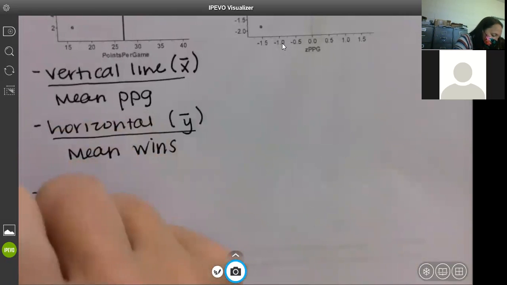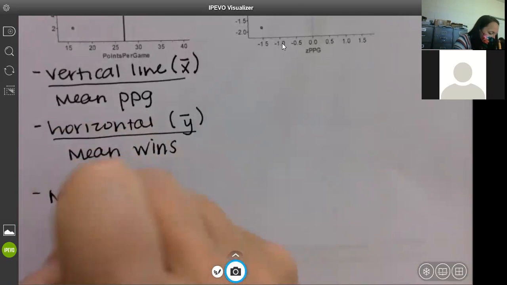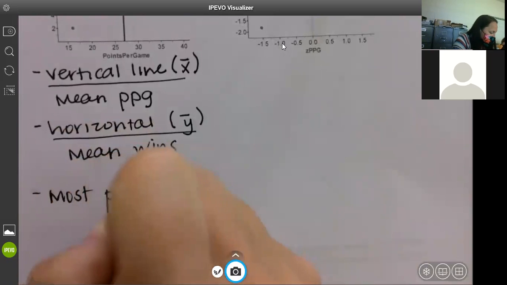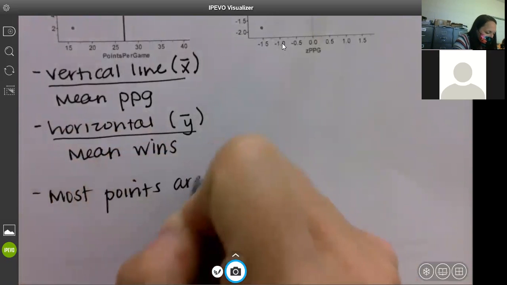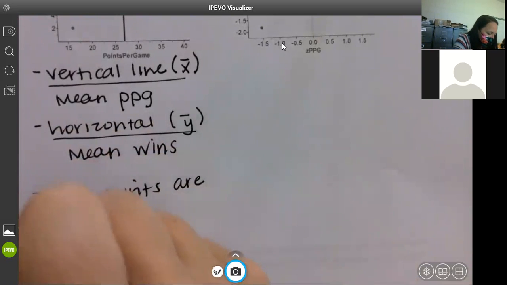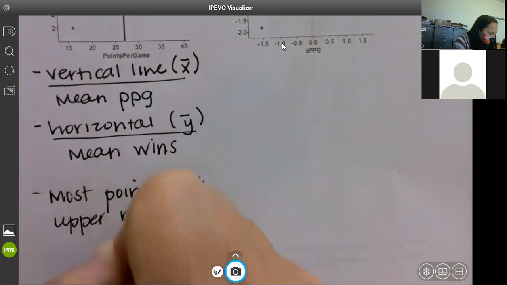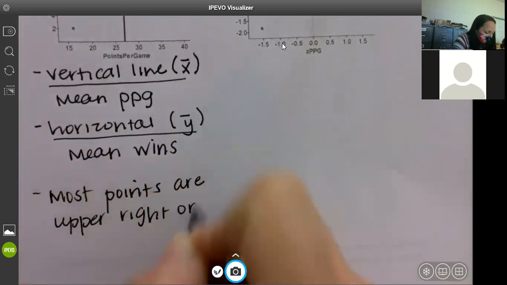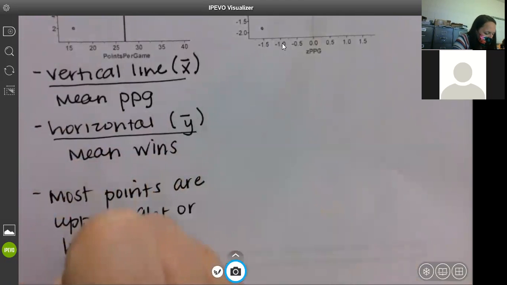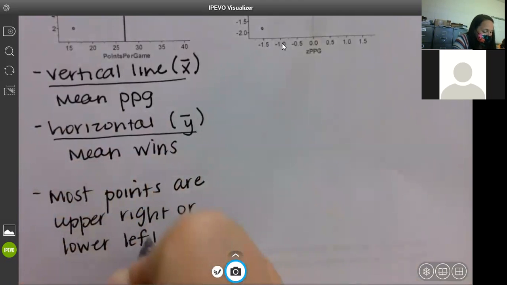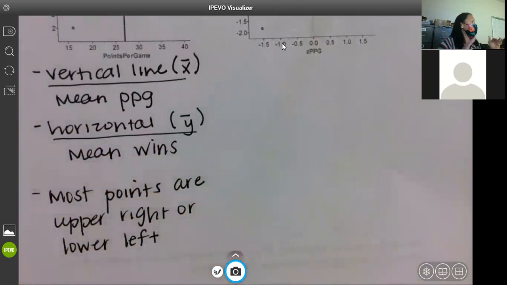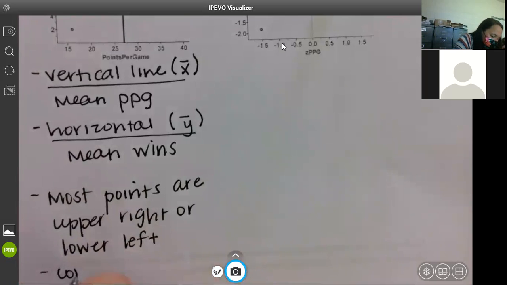Most points are upper right or lower left. Seeing them in those quadrants, and I use quadrants lightly because they're not quite exact, confirms the positive correlation, which is exactly what the both of you said.